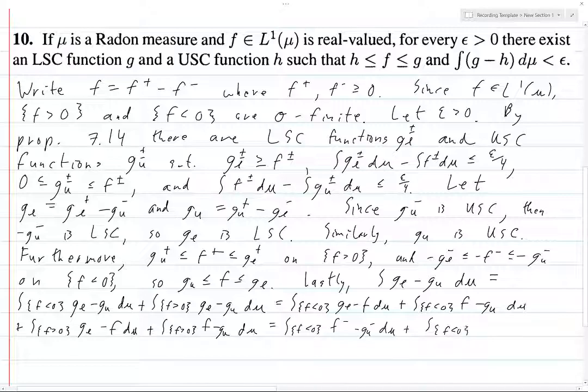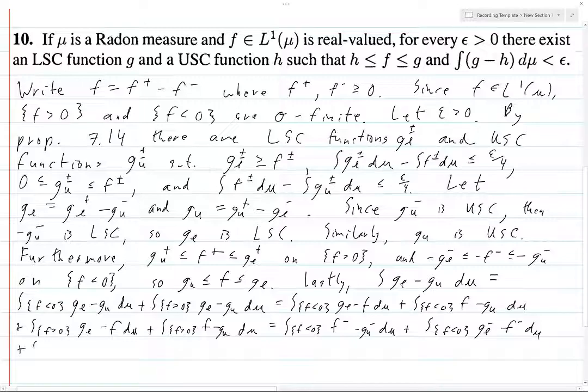So we have the integral where f is negative of GL minus f minus d mu. Note that here we flip the signs because this is where f is negative, and so f minus is a positive function, so this is how you make it work. You have to flip the signs.